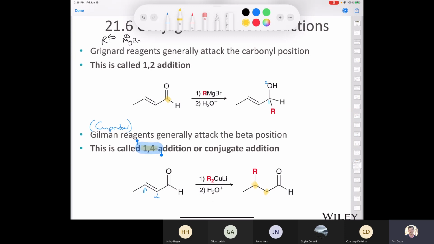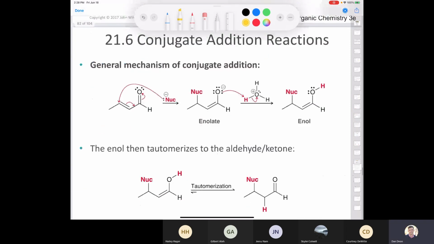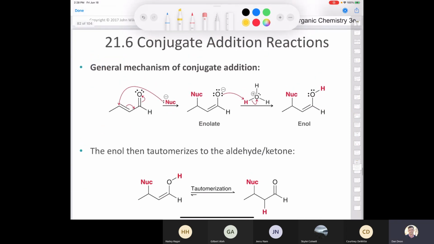Let me show you what I mean. If you look here, the general mechanism of conjugate addition is as follows. If we number these atoms 1, 2, 3, 4, we have the nucleophile, say our Gilman reagent, for example, attacking the beta carbon. We have the number 4 on there. But what happens is you produce this enolate, which gets protonated in the second step, and then you have an enol which undergoes tautomerization to give you the aldehyde or ketone.